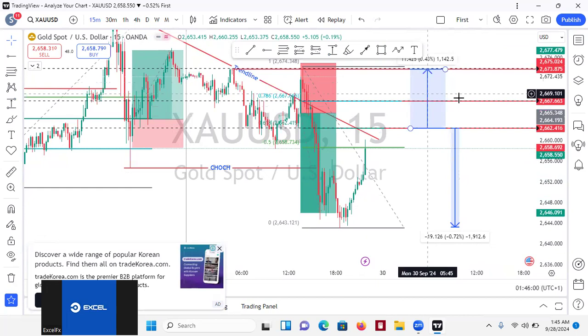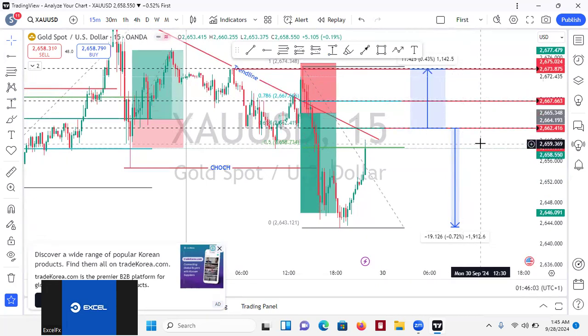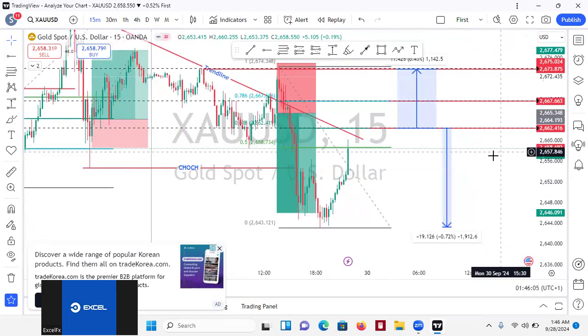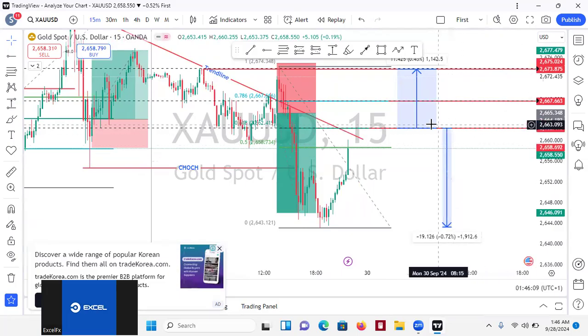So you want to take risk management seriously. You want to calculate your risk very well before entering a trade. That's the reason why I use this price range in the chart, and this is how you can also use it and add it to your style of trading.